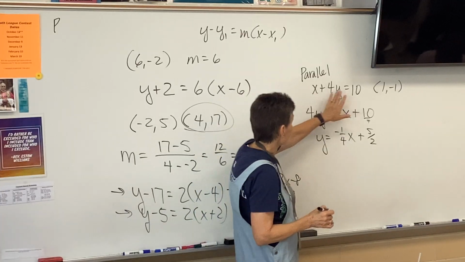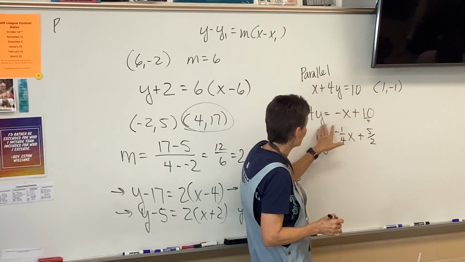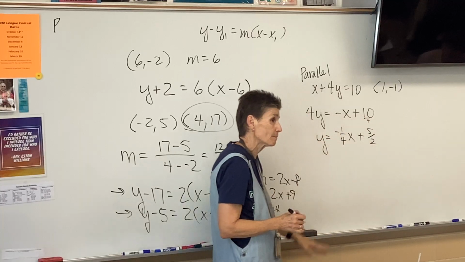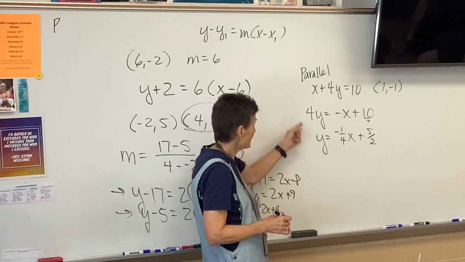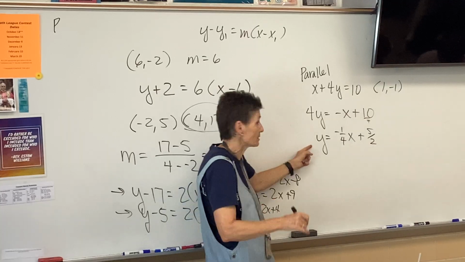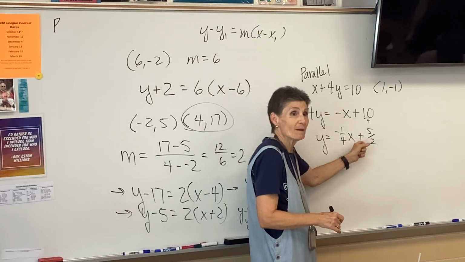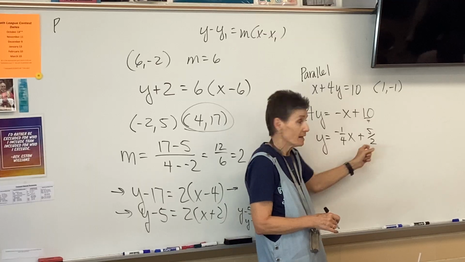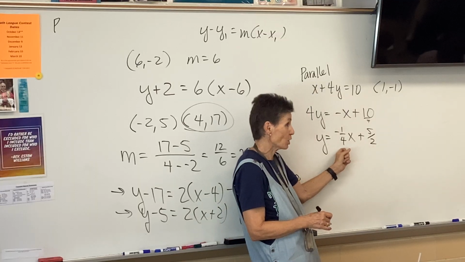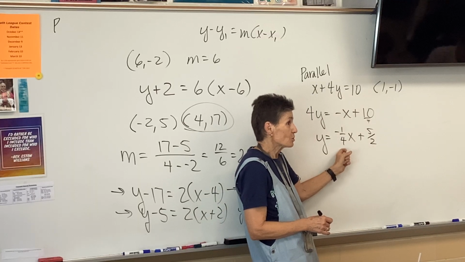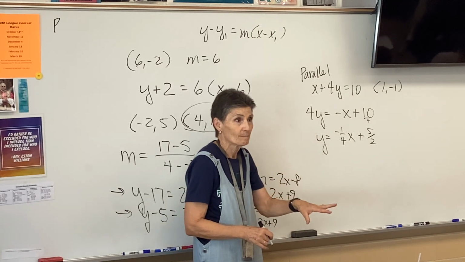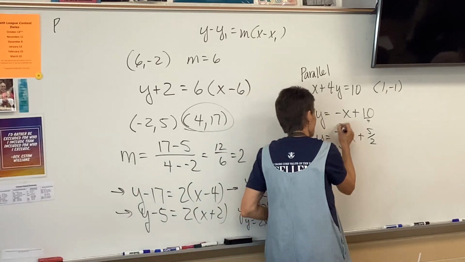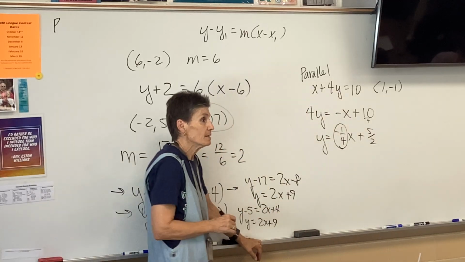So I moved the x to the other side and then divided everything by 4. This is standard form. What is this called? Y equals mx plus b. M, right there it is. This is your slope-intercept form. So if you're missing the slope, get y by itself. So now I know my slope is negative 1/4.